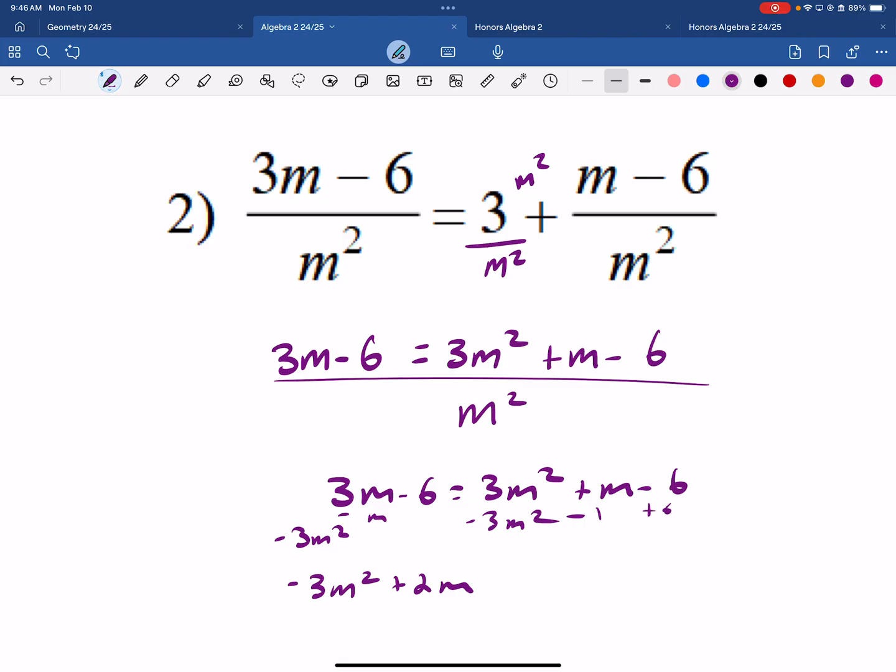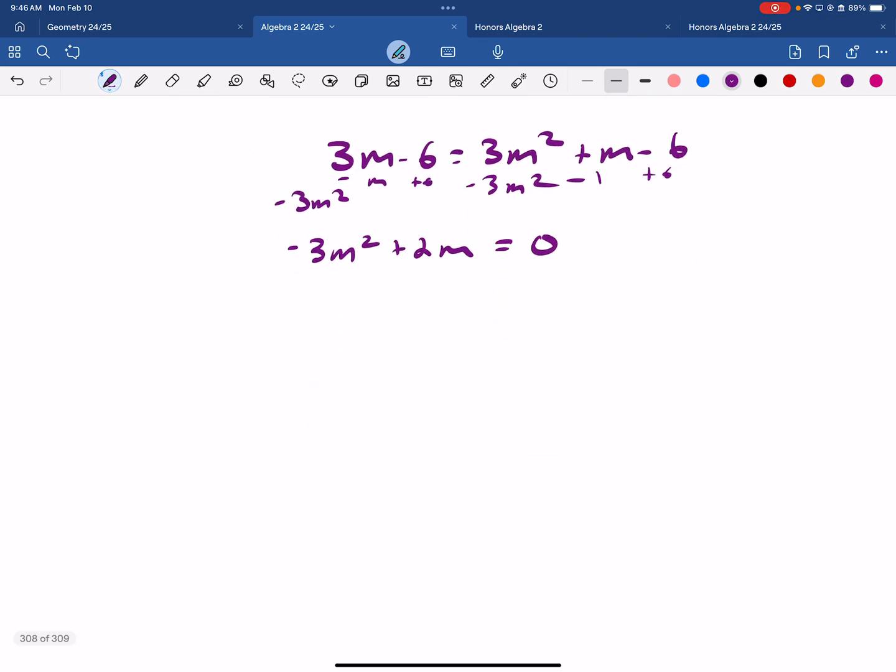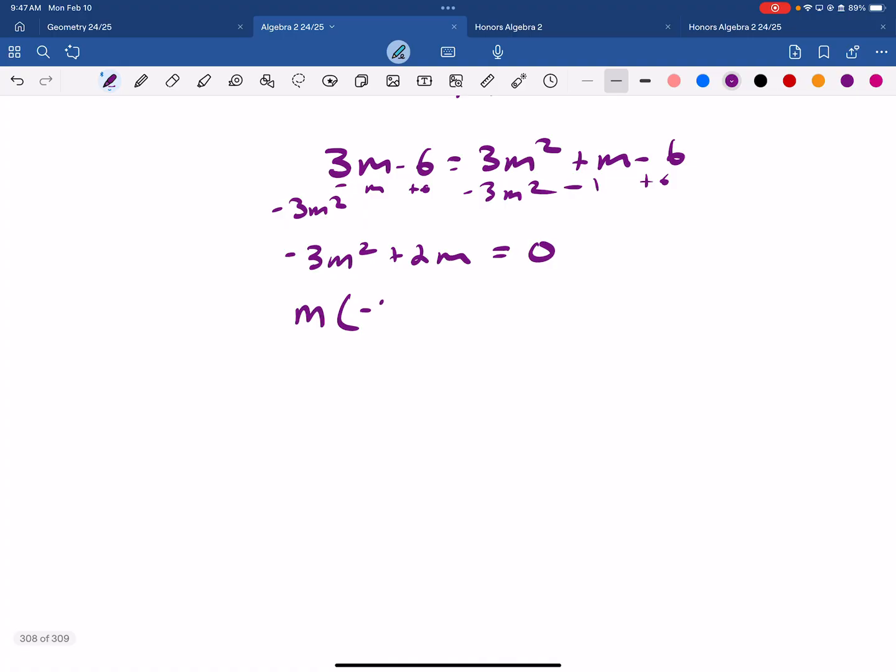I have to add 6, so that's 0. So I've got negative 3m squared plus 2m equals 0. What's my common factor? The m. If I take an m out, I'm left with negative 3m plus 2.